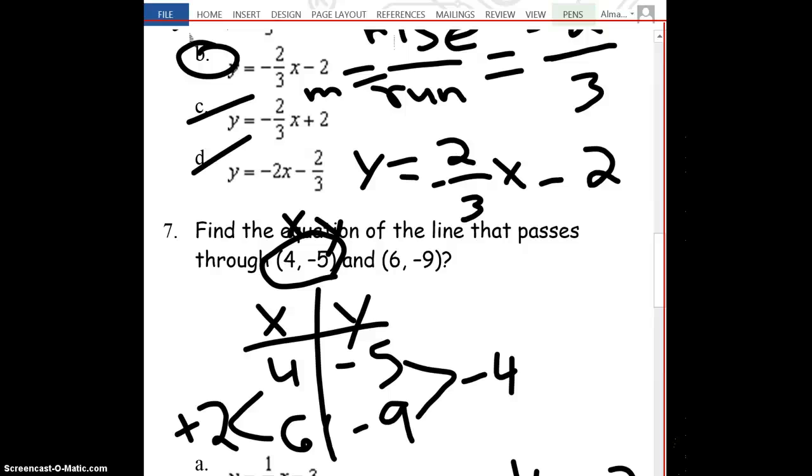To get this b by itself, because that's the variable I'm solving for, I need to get rid of this 8. I'm going to move this 8 to the other side. Since I'm subtracting 8 because that's a negative 8, the opposite is to add 8. So I end up with b equals 3.